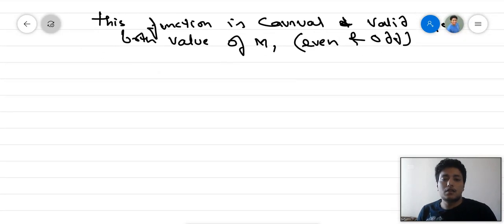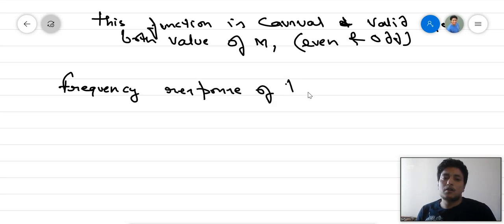Then, by applying the discrete Fourier transform, we can find the frequency response of the Blackman window.